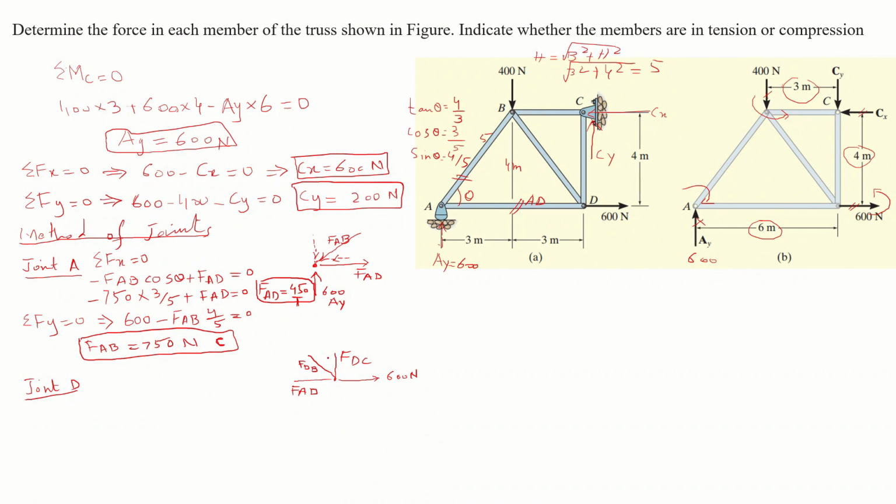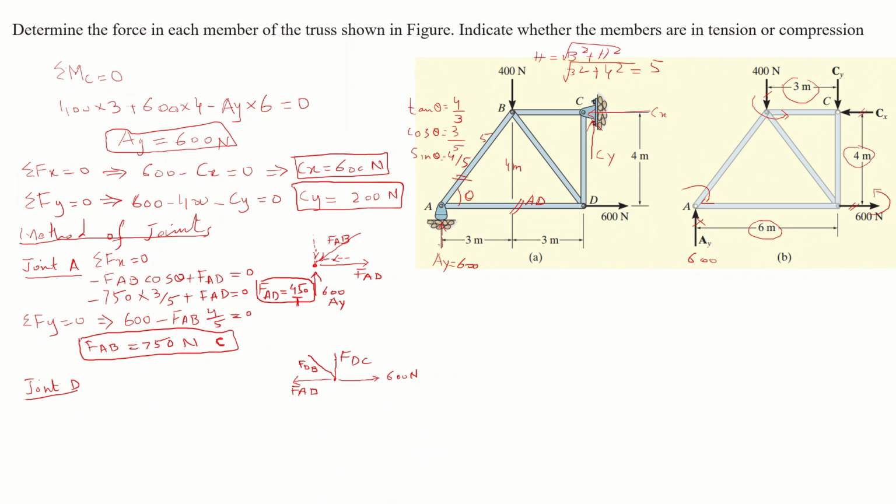Now we'll apply the direction to these forces. As we can see that this 600 Newton force is on the right side, which is applied force, so it will be countered by this F_AD, which is on the left side.